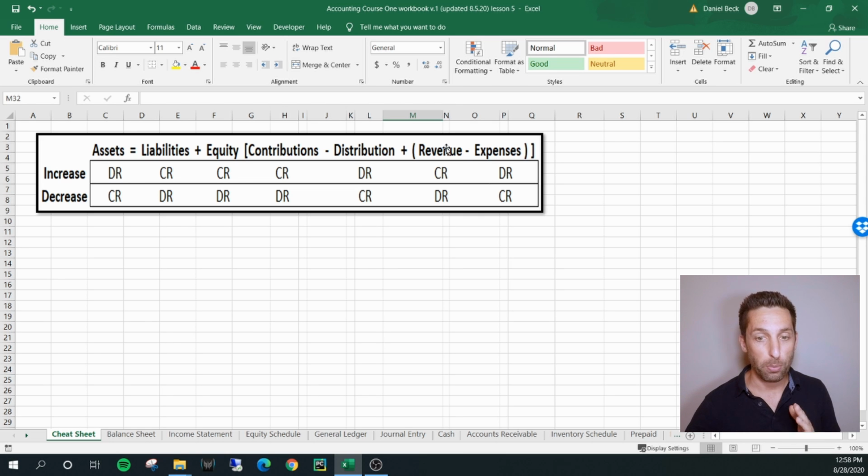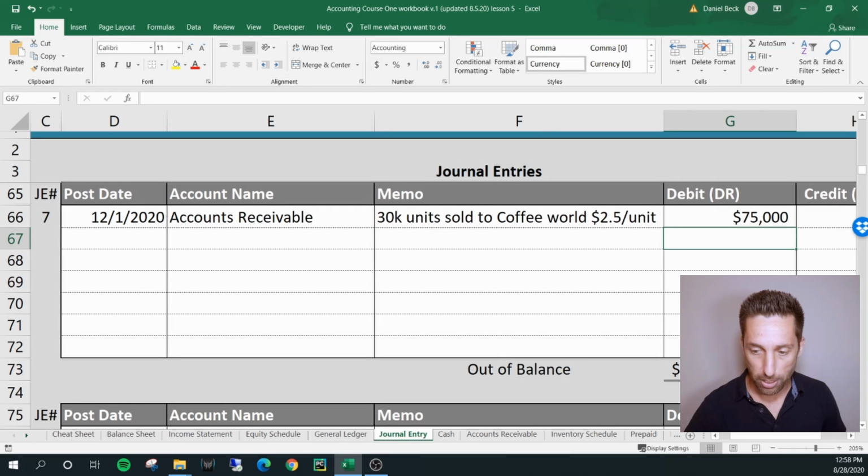So here we go. We're dealing with revenue. The revenue is increasing. We had no revenue, and now we have $75,000 of revenue. So when revenue increases, that's going to be a credit for us. We'll finish this journal entry now because we're out of balance.